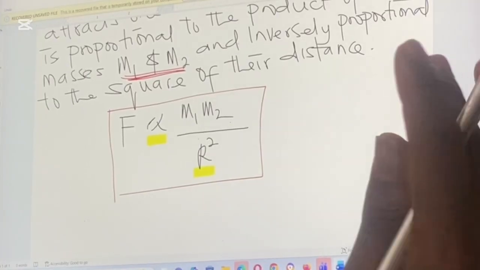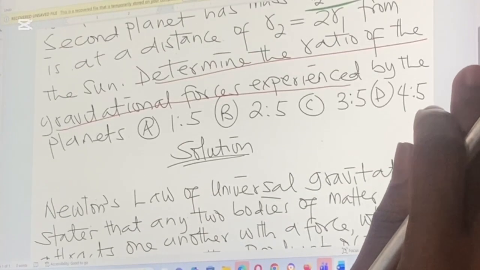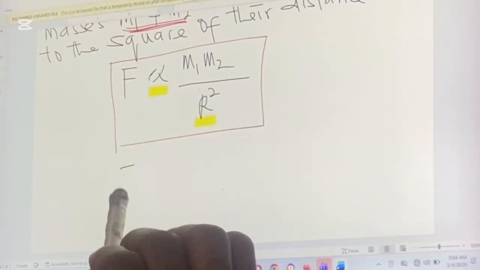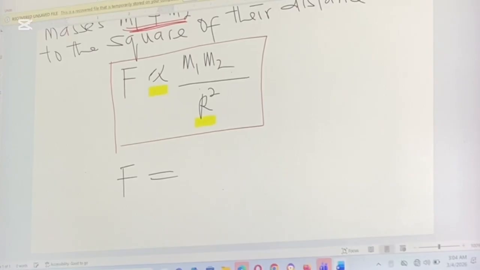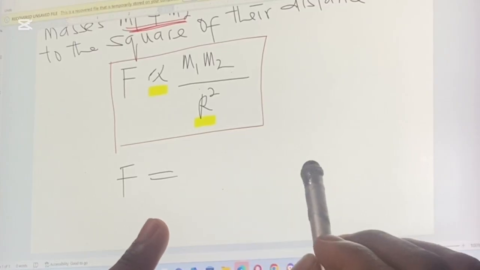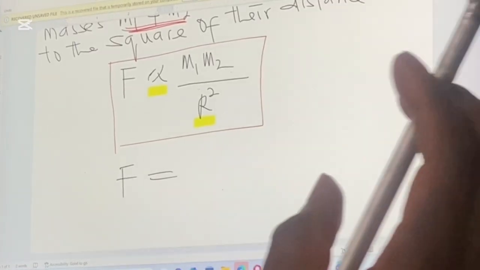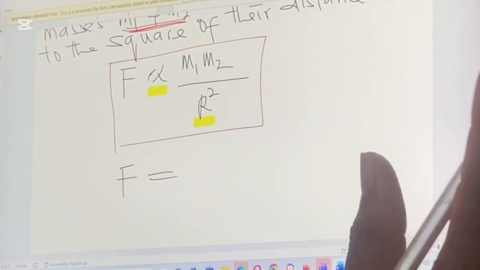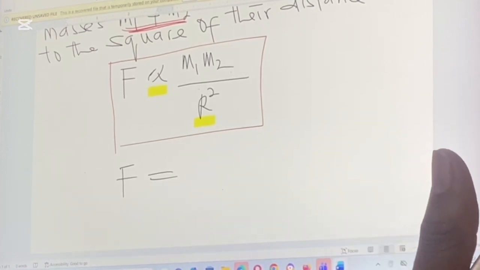Please take note. So class, for us to use this particular formula here, I will have this to be F is equal to, since we introduce this equal to here, we are going to introduce a constant. Though the constant can be K, in Newton's law of gravity, we don't use K to represent the constant.